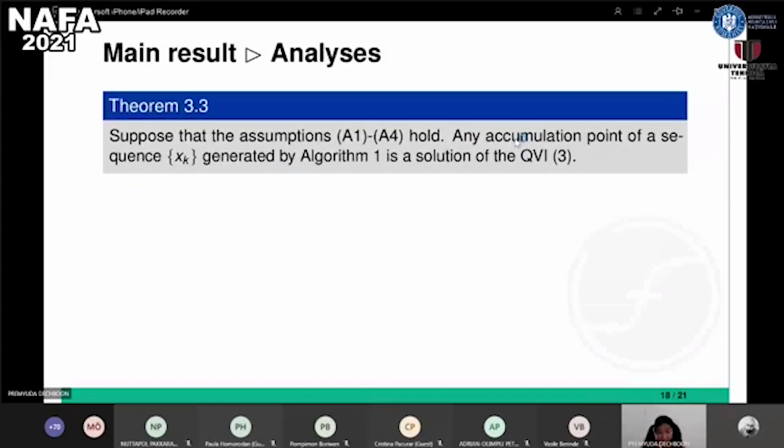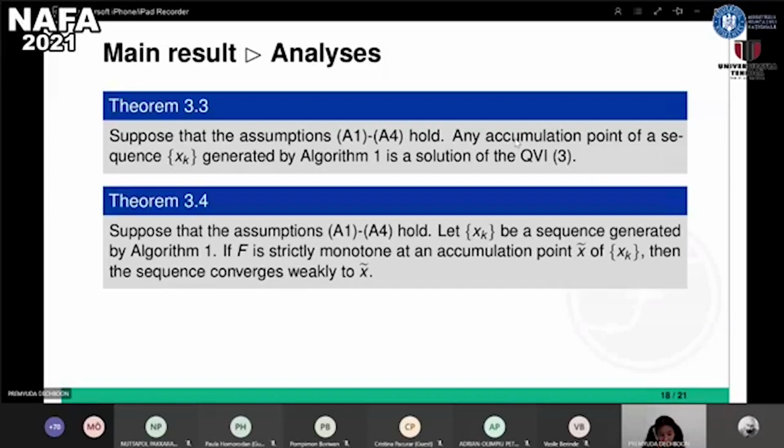After that, we show that any accumulation point of the sequence x_k generated by algorithm 1 is a solution of the quasi-equilibrium problem. And then we have shown that if F is strictly monotone and x tilde is an accumulation point of x_k, then the sequence converges strictly to x tilde.